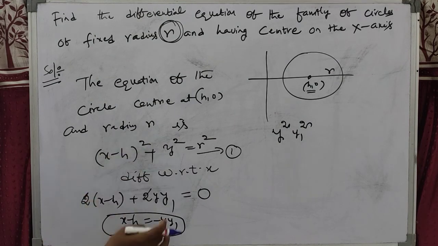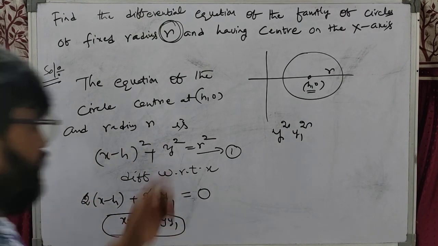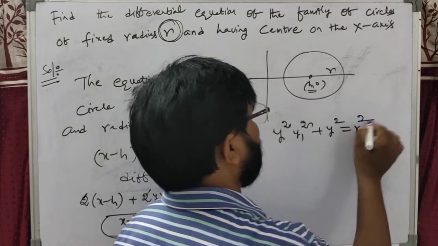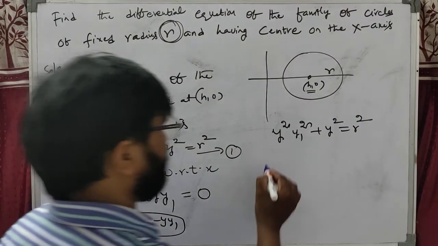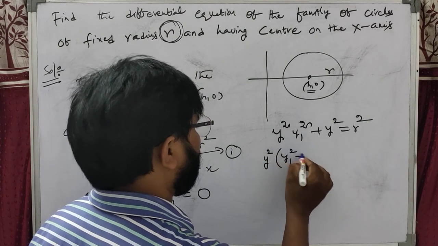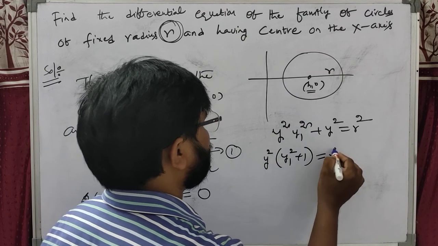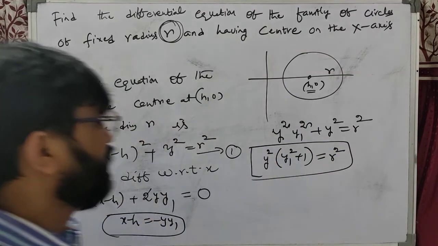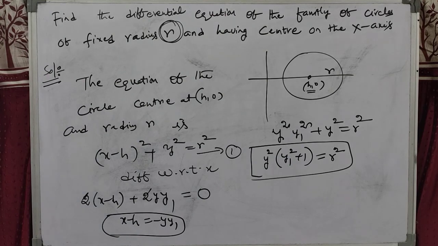So we got (x minus h) whole square equal to y square y1 square, plus y square equal to r square. Now we take y square common, y square into (y1 square plus 1) equal to r square. The y1 is dy by dx, whole square.